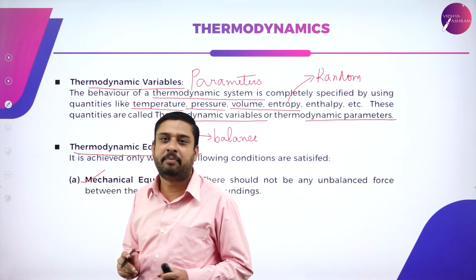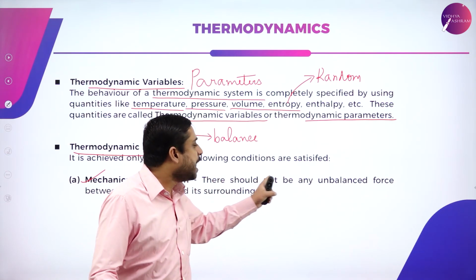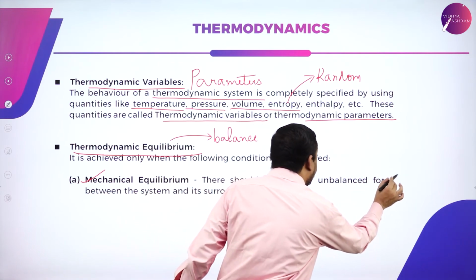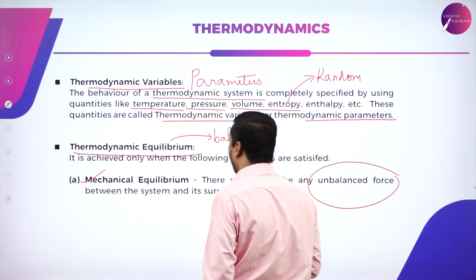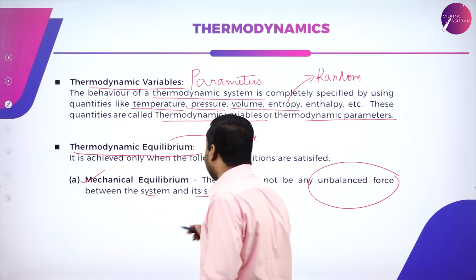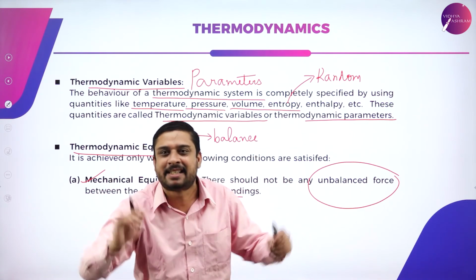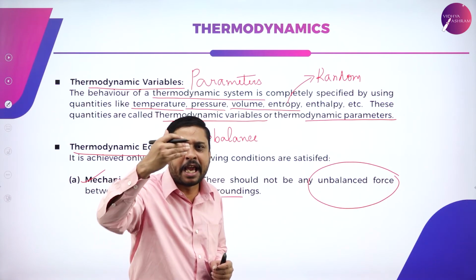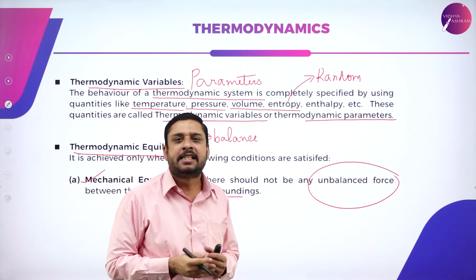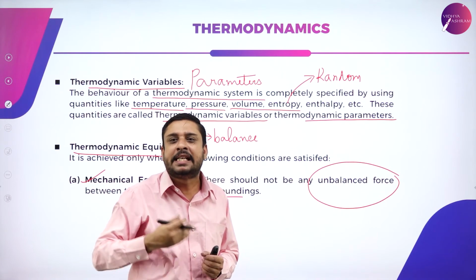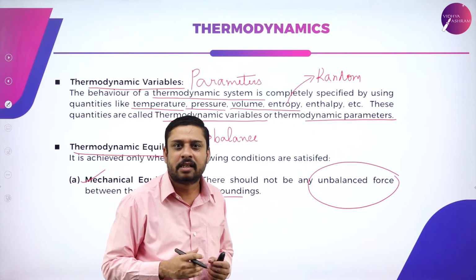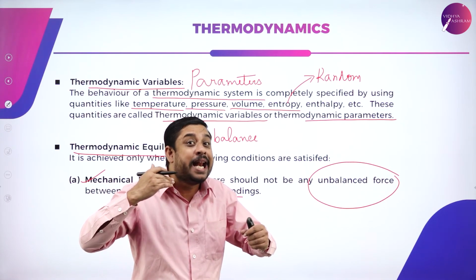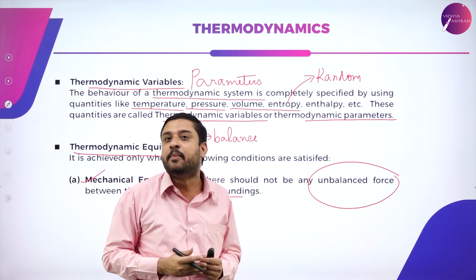Mechanical equilibrium. There should be no unbalanced force between the system and its surroundings. Suppose energy or matter is exchanged between the system and the surroundings, then there should be no unbalanced forces coming into picture.